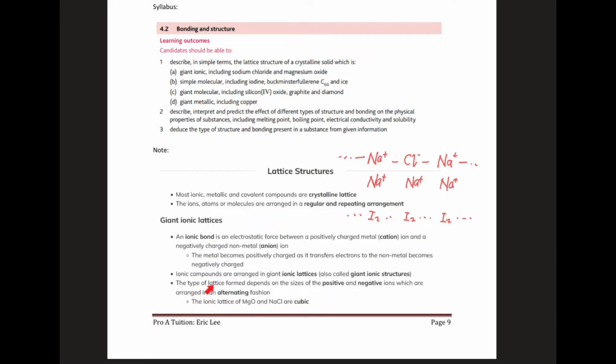And the type of lattice formed depends on the sizes of the positive and negative ions, which are arranged in an alternating fashion, positive, negative, and so on. So the ionic lattices of magnesium oxide and sodium chloride are cubic.